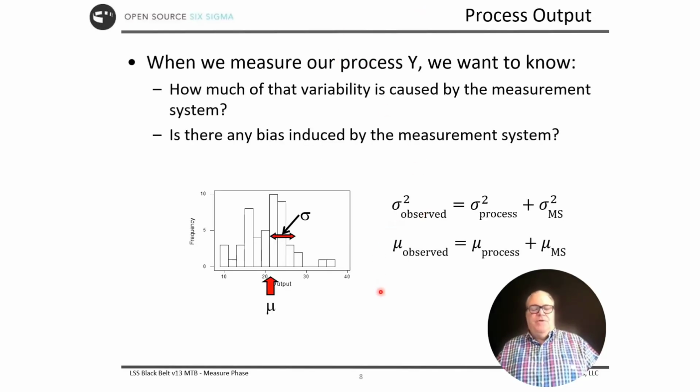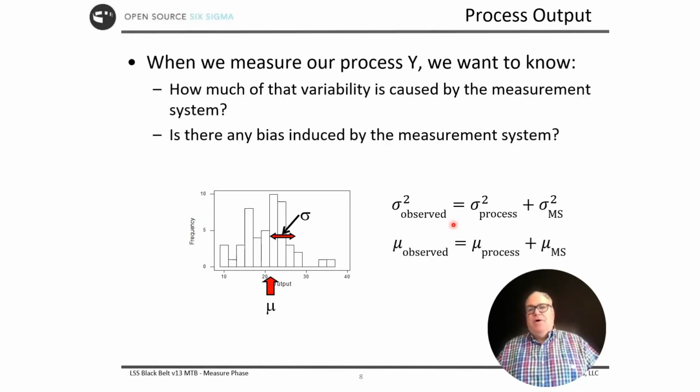Here are the simple mathematical representations of the error that could be introduced by the measurement system itself. So eventually when we make measures, we collect data, we'll be able to compute a mean, the average of the data, and a standard deviation or a variance.